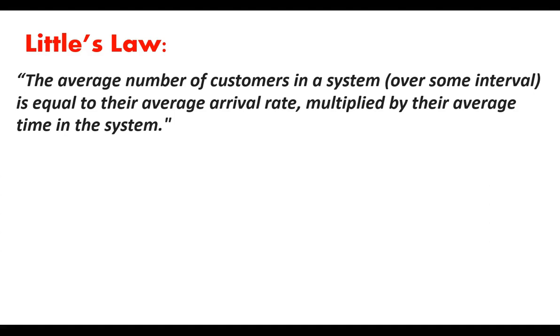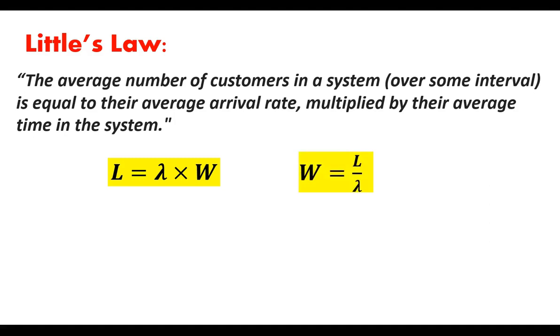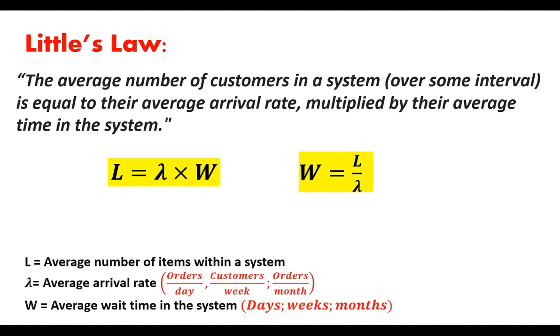And you can represent this mathematically with this equation here. L equals lambda times W, or you can look at it in terms of W equals L over lambda. Just to clarify, L is the average number of items within the system. The items could be customers, or work in process.